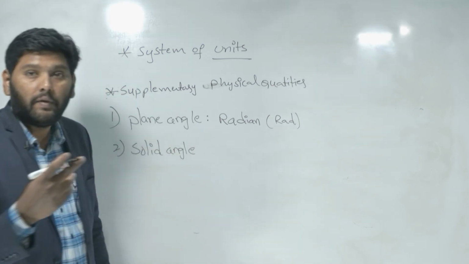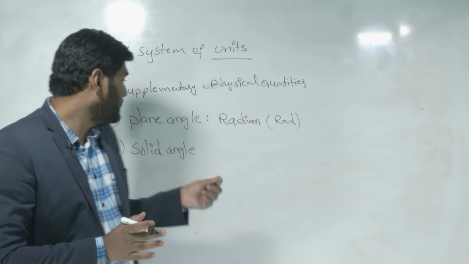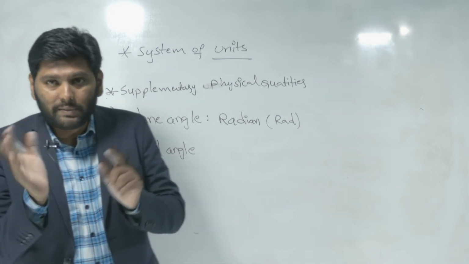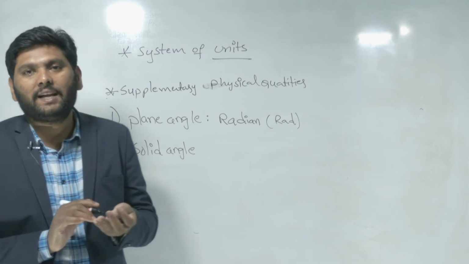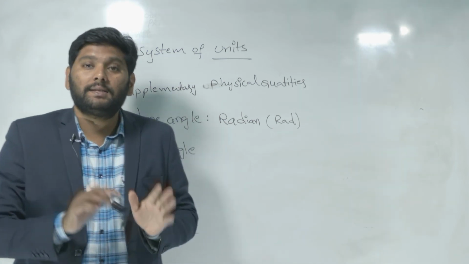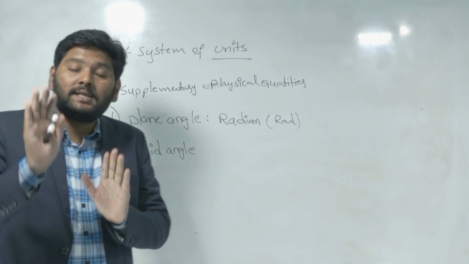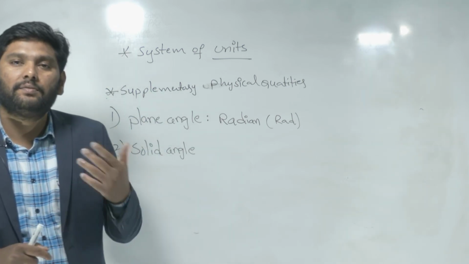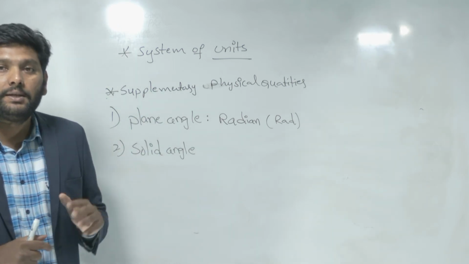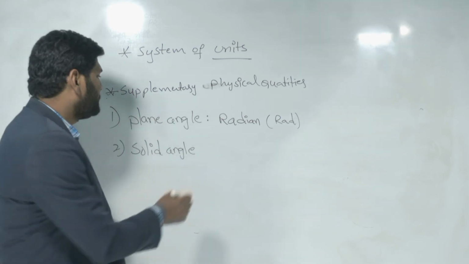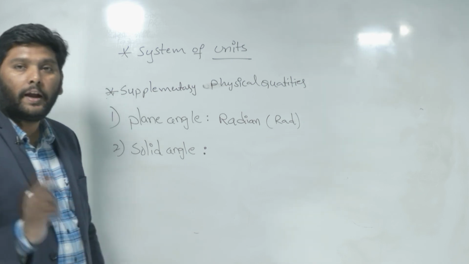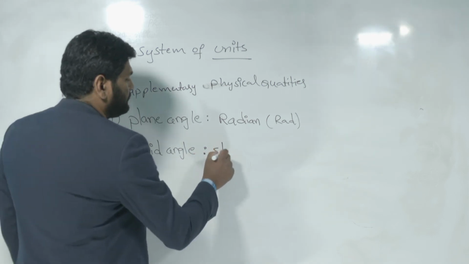Plane angle is nothing but simply angle. Generally we measure angles in degrees, but degrees are not the SI system now; that is the CGS system for angles. The SI unit is radian. And coming to the solid angle, the unit is steradian.